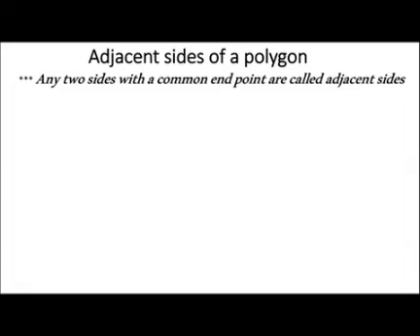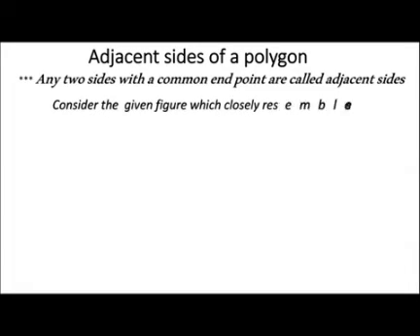So, between the two rooms, what is common? The common is the wall. So, we say these two rooms are adjacent to each other. That means they share one common wall. Likewise, any two sides with common end point are called adjacent sides. Now, let us see.